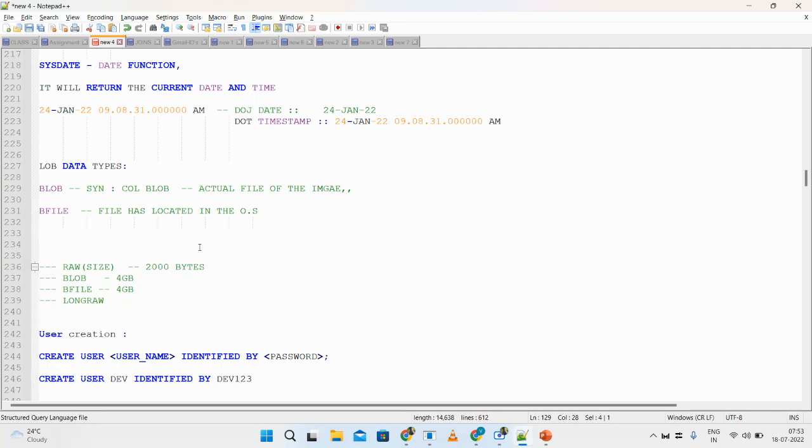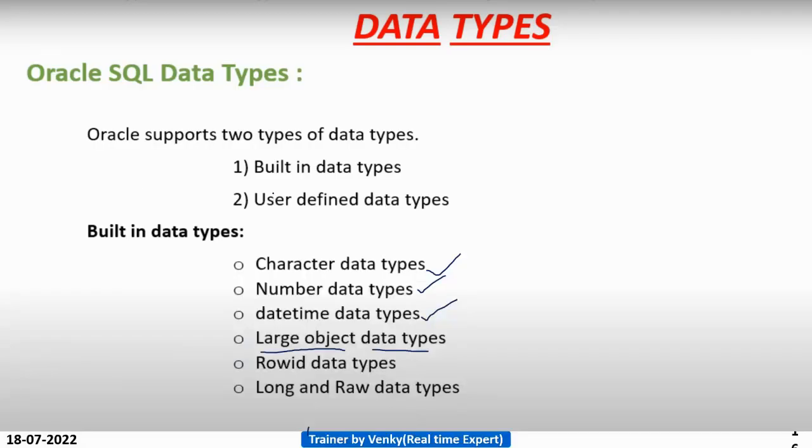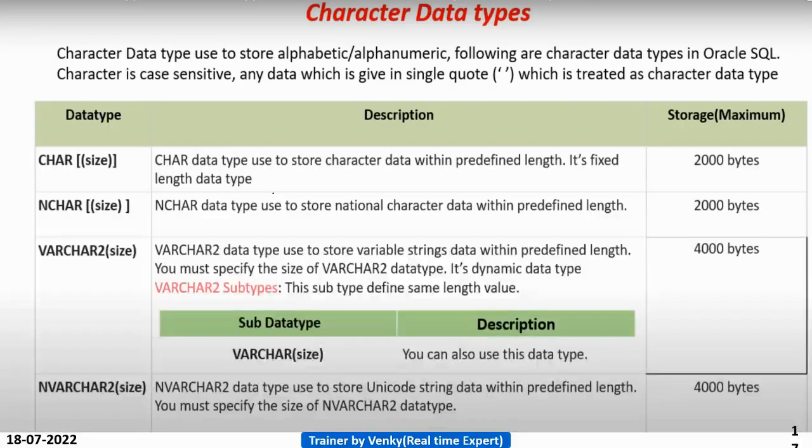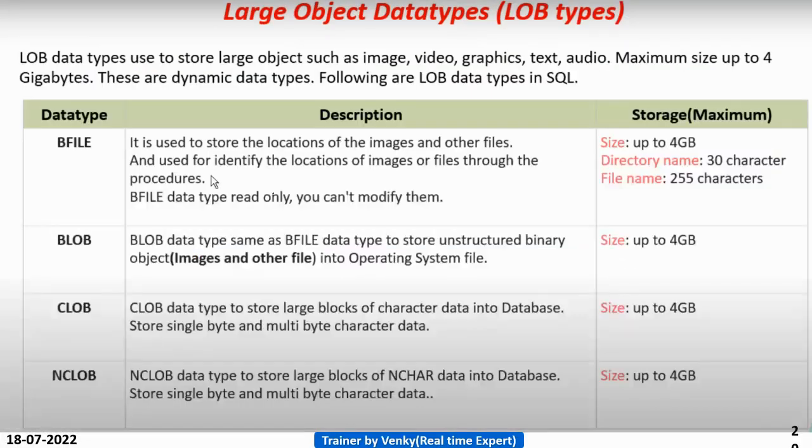If you want to store more than that, that's the reason SQL has introduced LOB data types, large objects data types. We have CLOB data type, BLOB data type, BFILE data type.